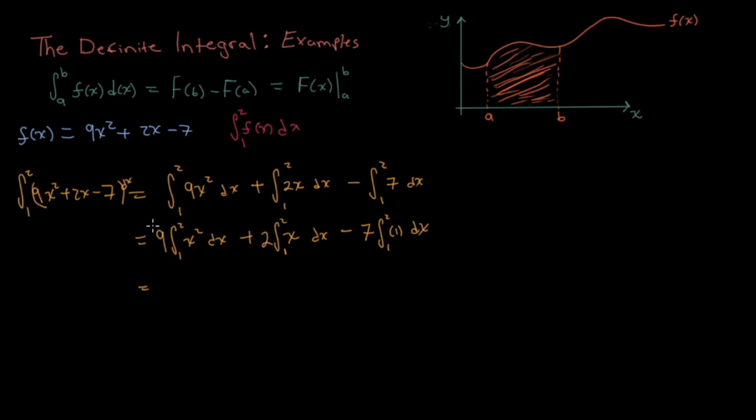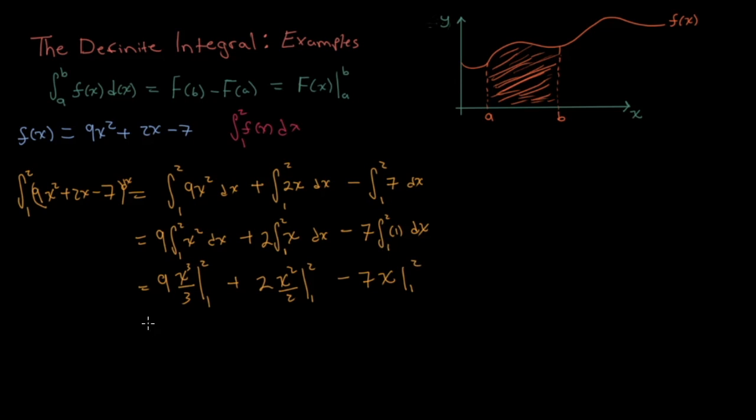So this integral right here would be the same as 9 times x cubed over 3 from the interval 1 to 2, plus 2 times x squared over 2 from 1 to 2, and then minus 7 times, and this just integrates to x, from 1 to 2.